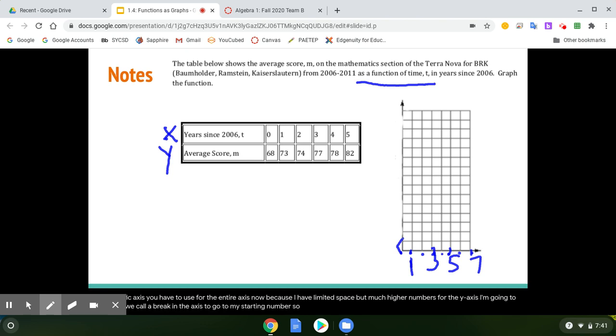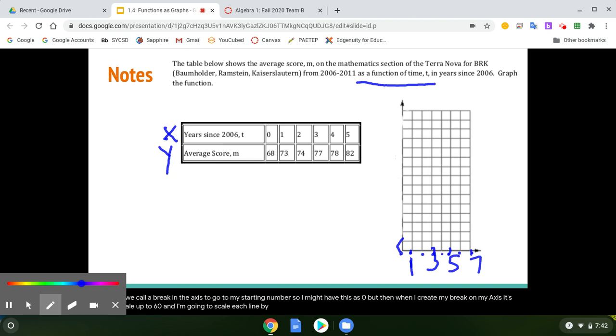So I might have this as 0, but then when I create my break on my axis, it's going to scale up to 60, and I'm going to scale each line by 2s. And actually, I'm going to start this at 66.